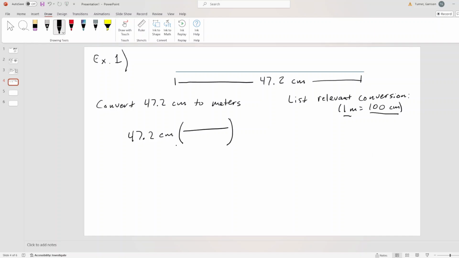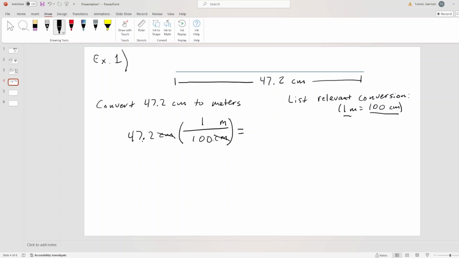So what I'm going to do is I'm going to place these two numbers at different points inside my ratio. But I need to cancel my centimeters out. So my centimeters needs to go in the denominator. And therefore, I know I have 100 of those in 1 meter. Okay? And so now my centimeters have canceled out, and I'm left with meters.